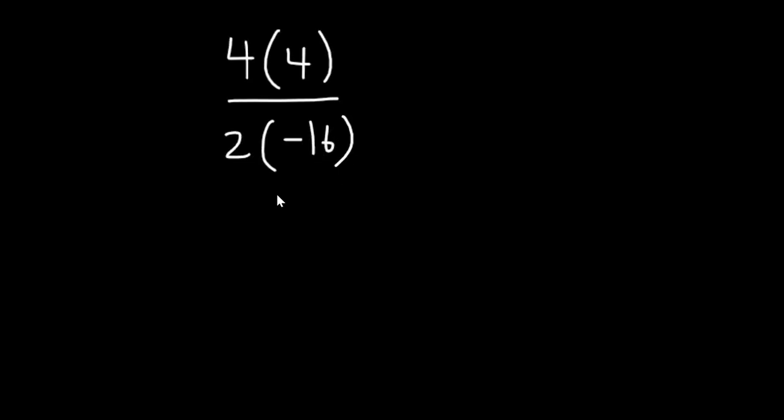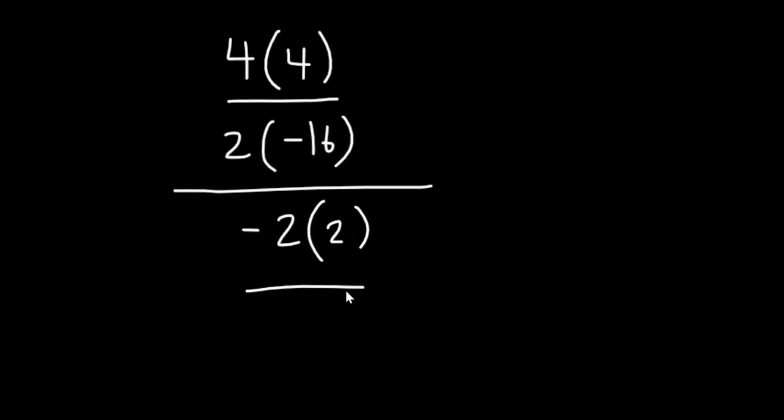For example, the question 4 times 4 divided by 2 times -16 divided by -2 times 2 divided by 8 minus 2.